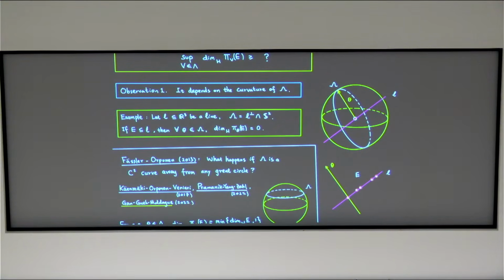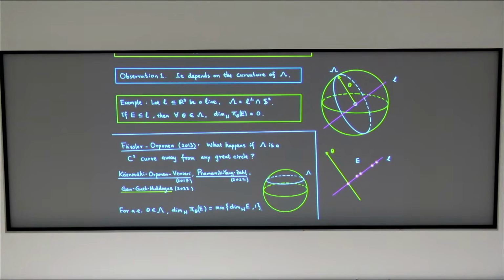And so Fässler and Orponen asked in 2013 what happens if lambda is a curve, let's say smooth. In fact, C^2 is enough, but let's say a smooth curve away from any great circle. For example, we can take a small circle.